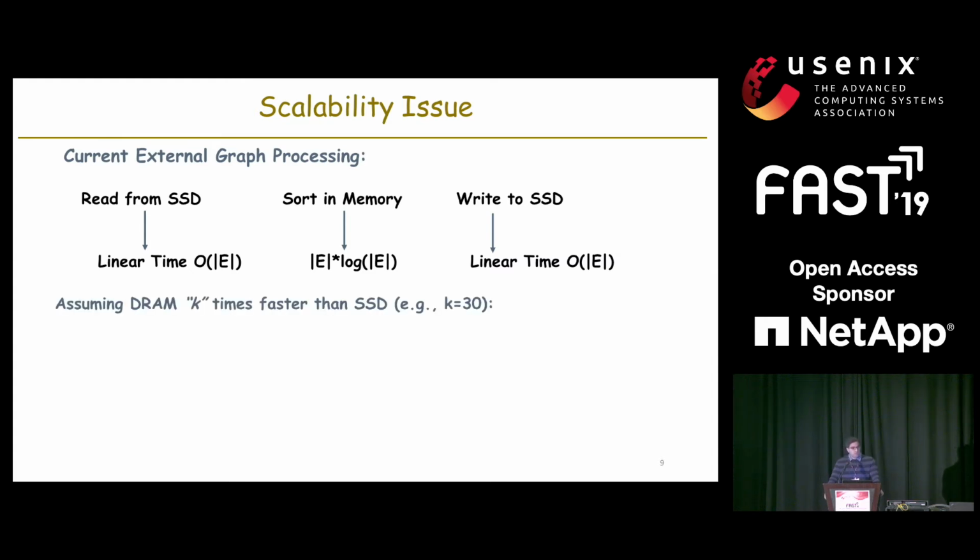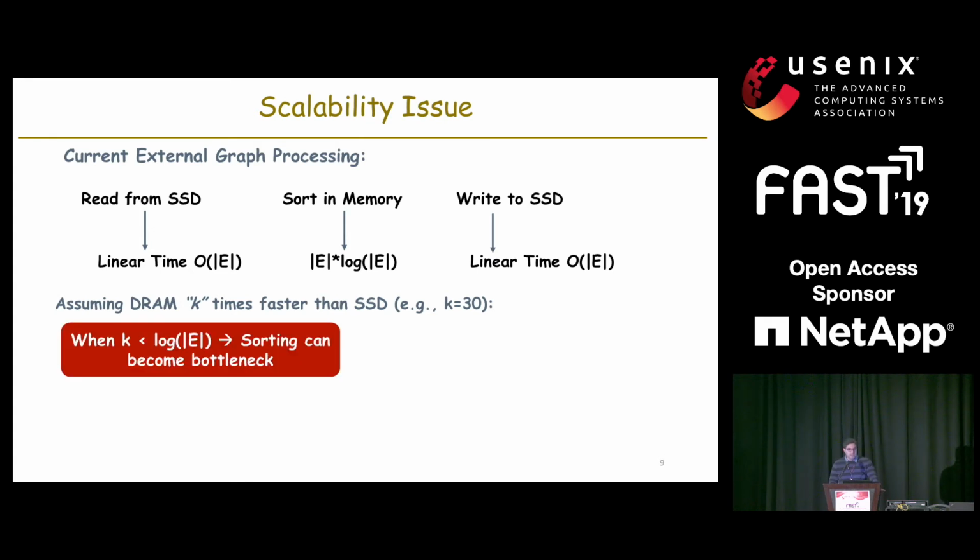Now, assuming that DRAM is K times faster than SSD, when the graph dataset size grows such that log of E becomes larger than K, the sorting phase can actually become a bottleneck.